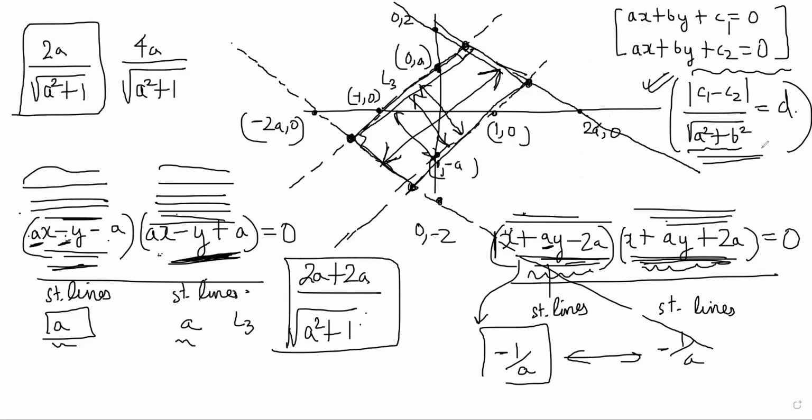So it will be root over a square plus 1. So the answer will be 8a square by a square plus 1, when you multiply, because you have to multiply length into breadth, right? Yeah. This will be the answer.